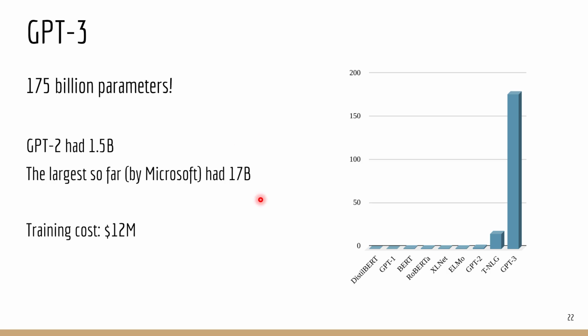And the largest model we had before GPT-3 was a model from Microsoft called TNLG that had about 17 billion parameters. And obviously, this number of parameters equals a very large training cost. In the next few slides, we are going to see a few demos of some of the very interesting applications that are powered by this generative model.